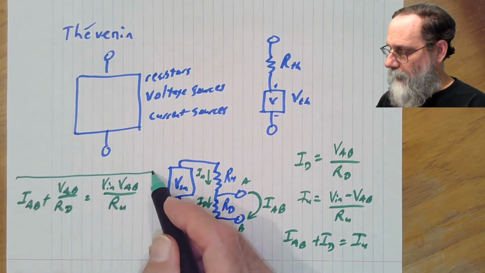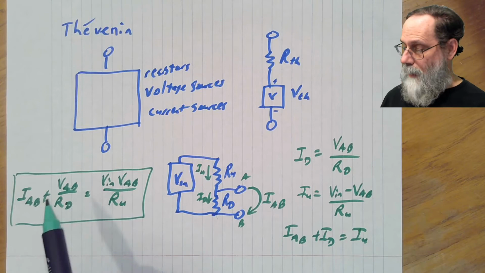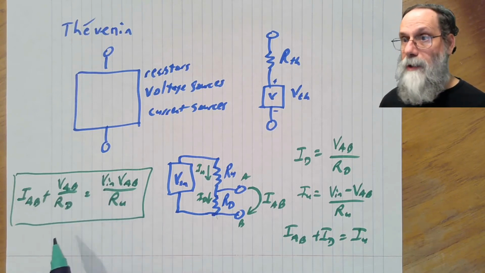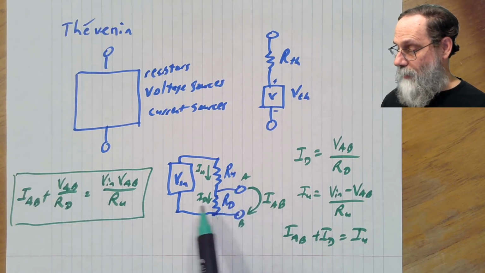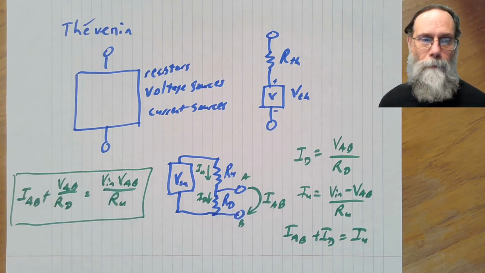So that's an equation that gives me the relationships between IAB and VAB with some constants in here, the RU, RD, and VN constants. But it's not in a very nice form.